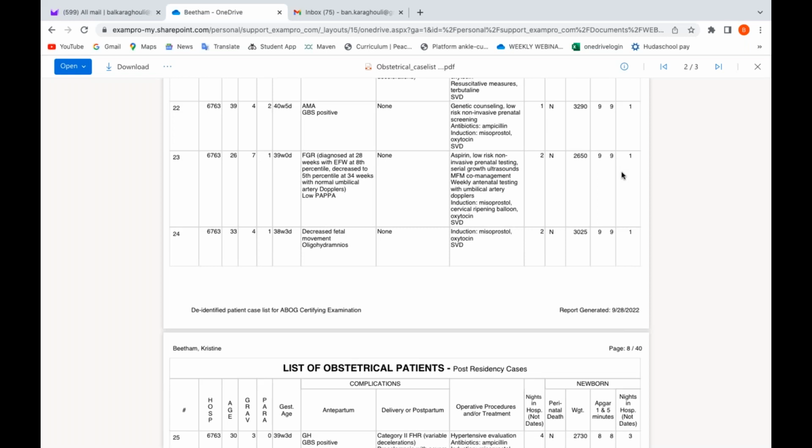What are some complications of babies that are born to IUGR? Complications of babies that are IUGR after birth? So they can have issues with, well, preterm, the complications of prematurity if they're delivered before 37 weeks. They can have complications with thermoregulation, hypoglycemia, and, let's see, I'm having a hard time thinking of other issues that they might have.